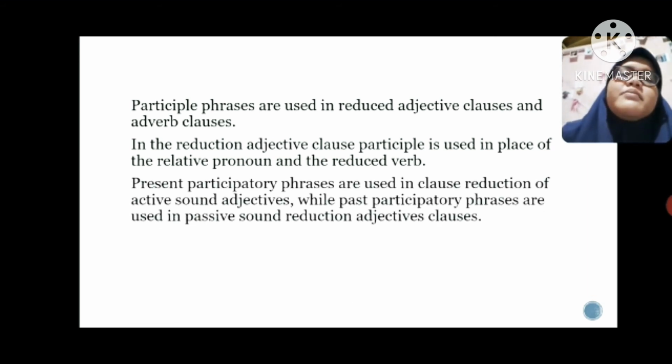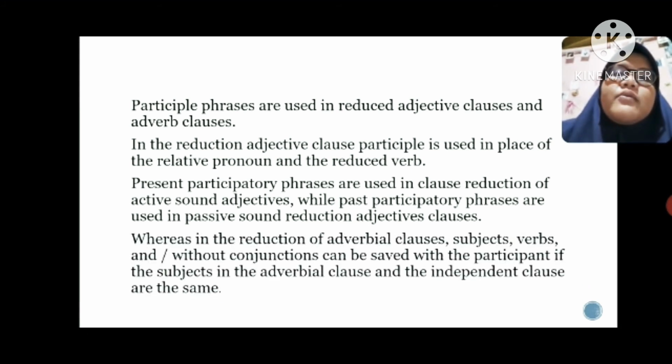Present participle phrases are used in reducing active adjective clauses, while past participle phrases are used in reducing passive adjective clauses. In the reduction of adverbial clauses, the subject, verb, and conjunction can be replaced with the participle if the subject in the adverbial clause and the independent clause are the same.